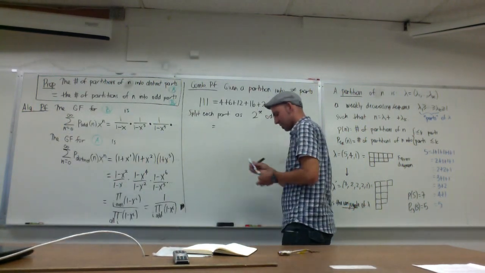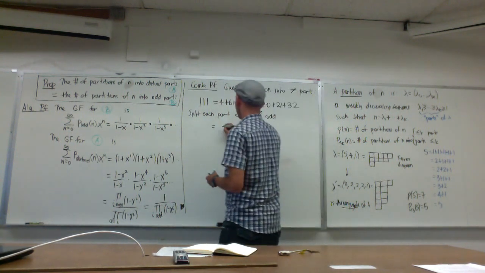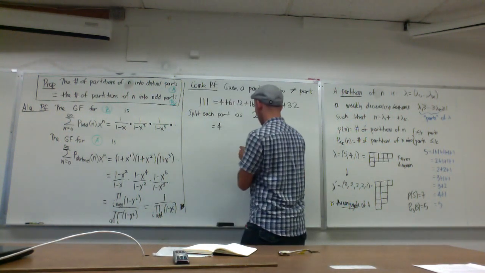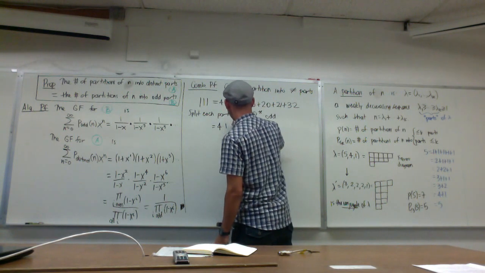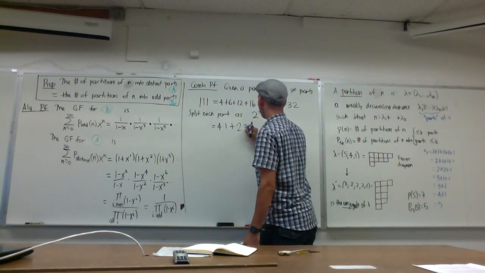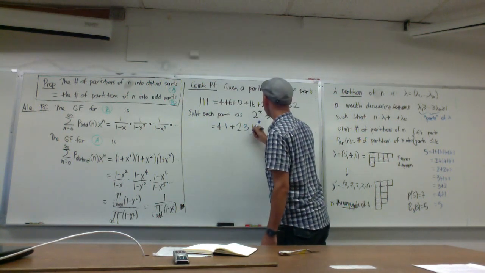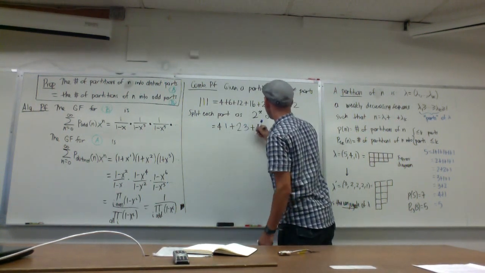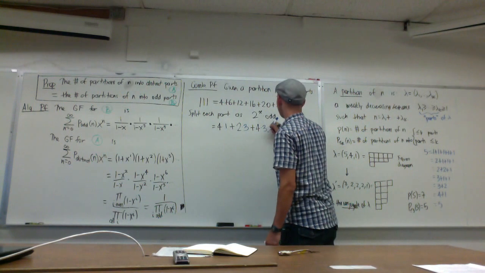So 4 times the odd number 1, plus 2 times the odd number 3, plus, then this one is 4 times the odd number 3.